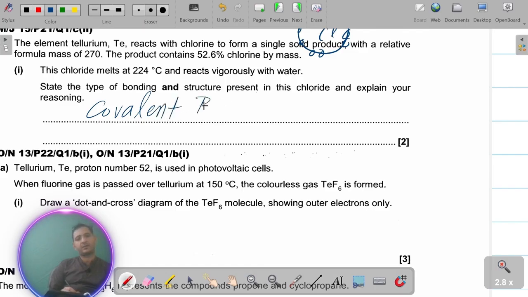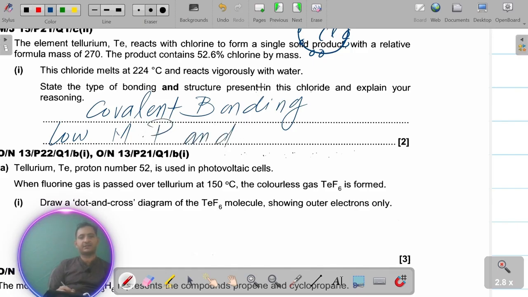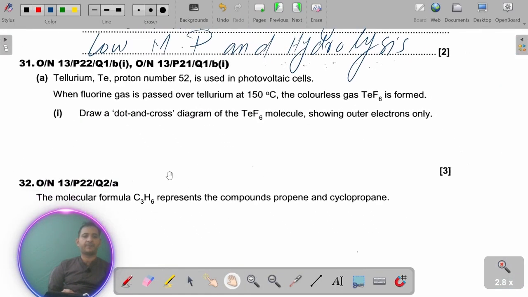What is the reason? The first reason is the low melting point, and the other reason is that it reacts with water, it goes through hydrolysis. You can write a proper sentence from your marking scheme. It went through hydrolysis, and that is the reason it is covalent.